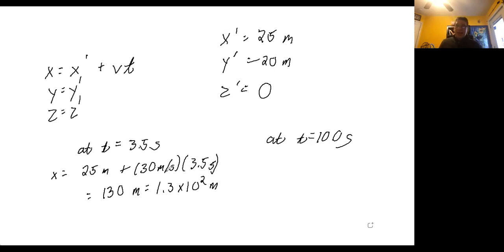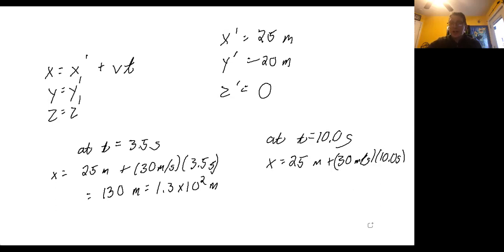All right, so now we go to t is equal to 10 seconds. So x is equal to 25 meters plus 30 meters per second times 10.0 seconds. Again, keep in mind, we only know the 30 to two significant figures.